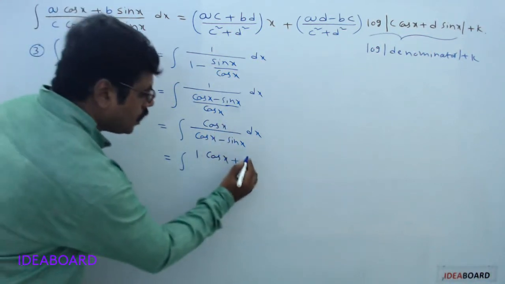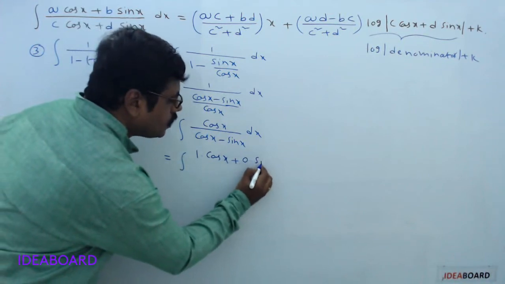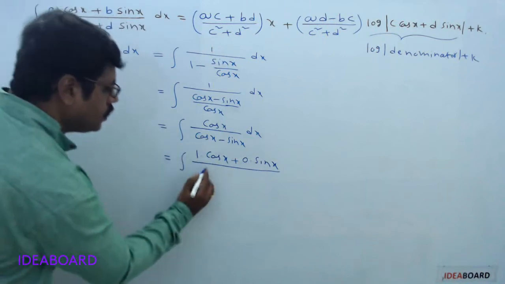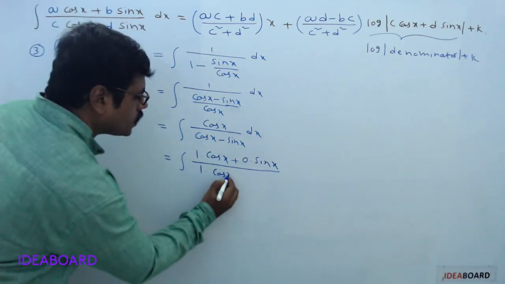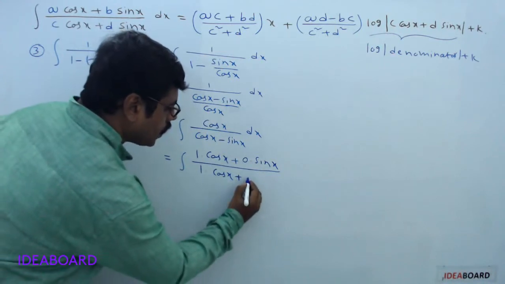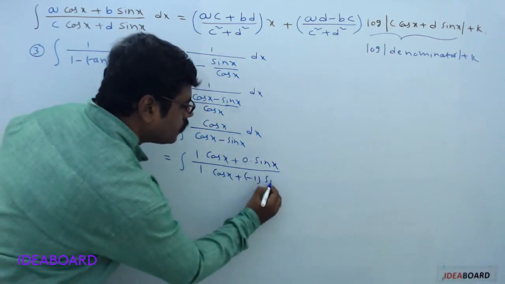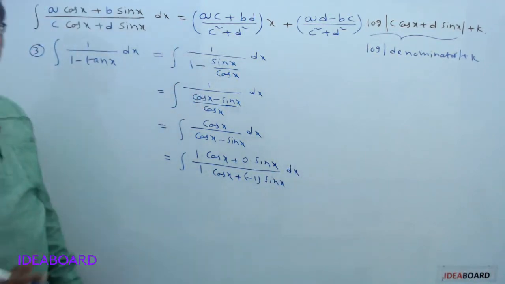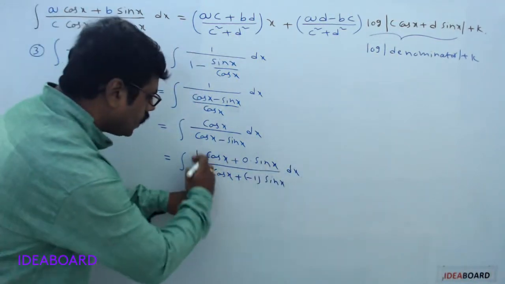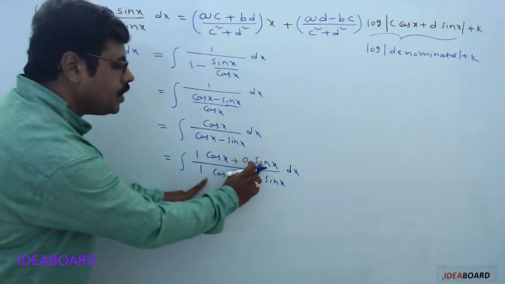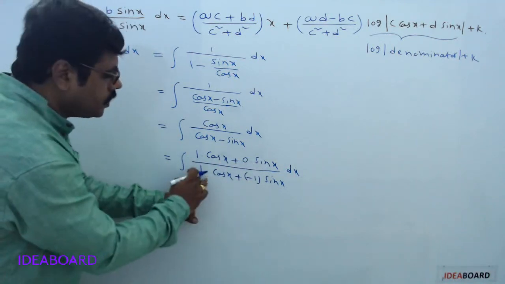Sin x is not there. That can be taken as 0 into sin x, divided by the denominator 1 into cos x. This minus sin x can also be taken as plus minus 1 into sin x dx.